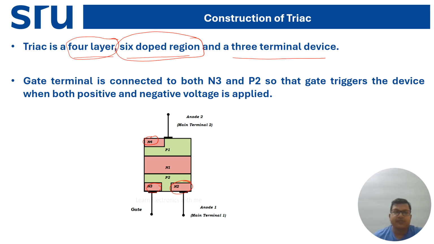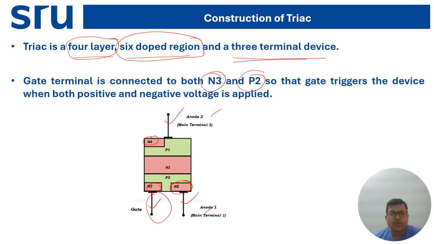So that gives us three different doped regions, while the layers are only four. It is a three-terminal device: these two terminals are like anode 1 and anode 2, and this is the gate for controlling the voltages. Here it is written that the gate terminal is connected to both N3 and P2.